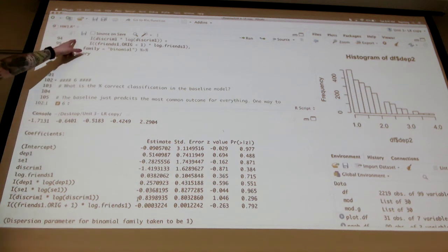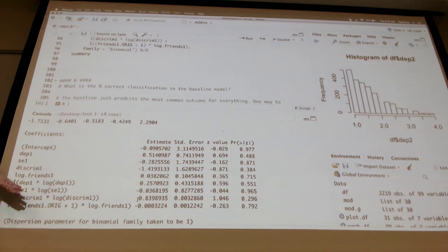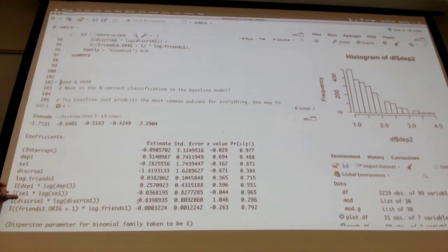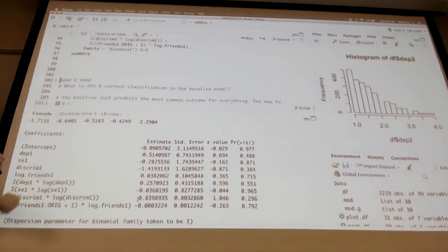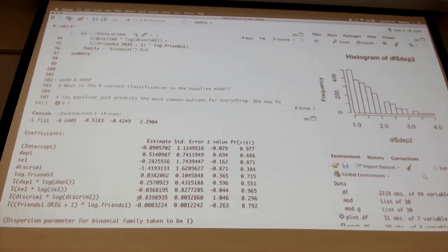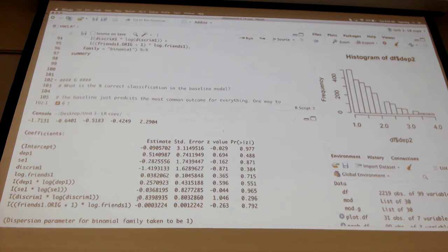And now once we run this, for this particular thing, the only things we're interested in are these interactions down here. And as you can see, none of these interactions are significant, which is a good thing. That's what we want. We don't want significant interactions of anything interacting with its own natural log, because that's when we start getting into weird space.